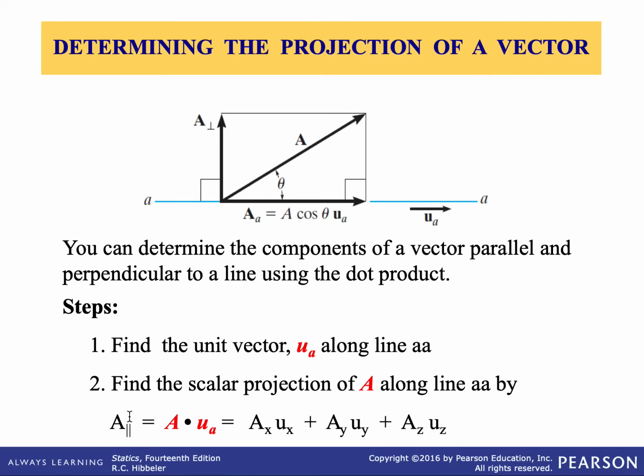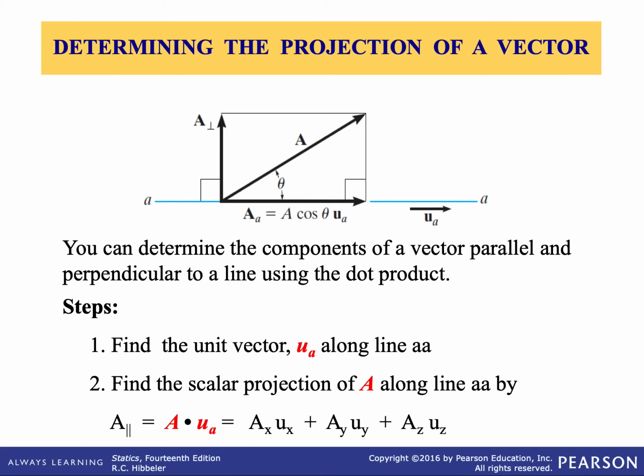It's not a vector. From what we explained before, you multiply the x components together and add them to the y components, and then add them to the z components. So you have ax multiplied by ux, ay multiplied with uy, az with uz, and then you find your scalar parallel component.